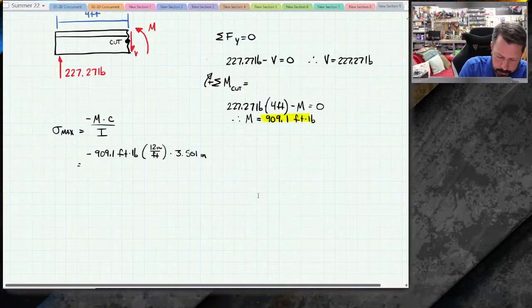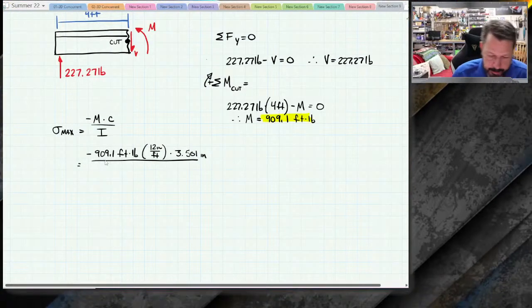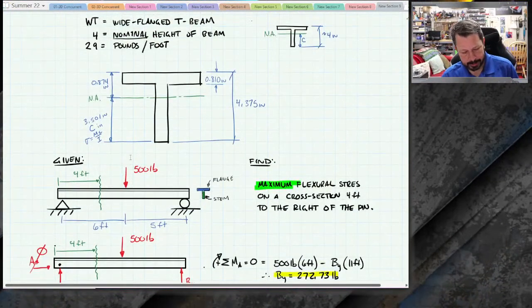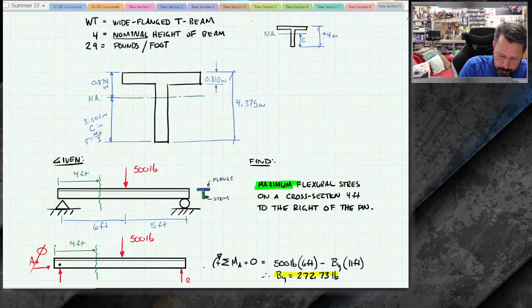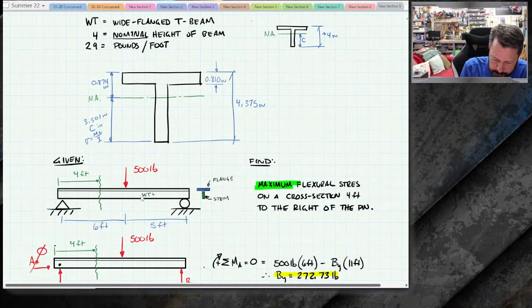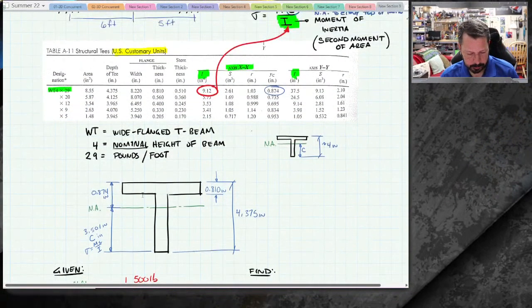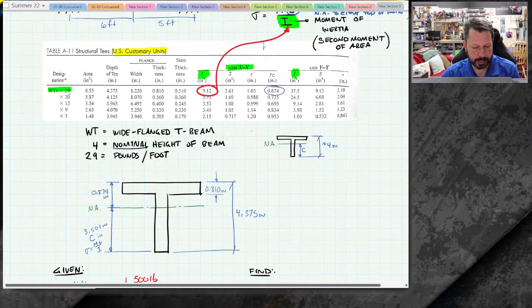All right, so we got that. And I, I guess I never wrote it down, but we said it. This is a WT 4 by 29 beam.